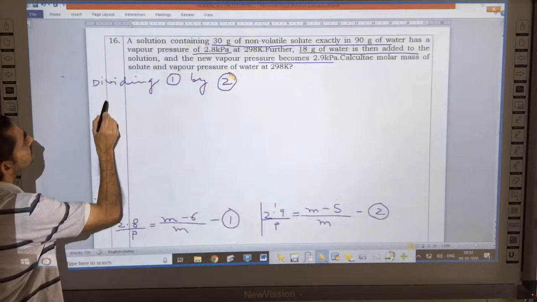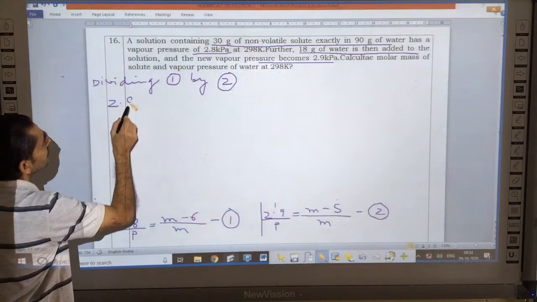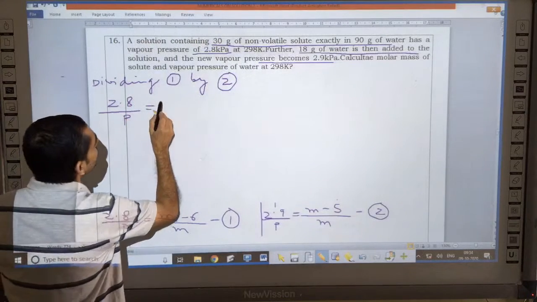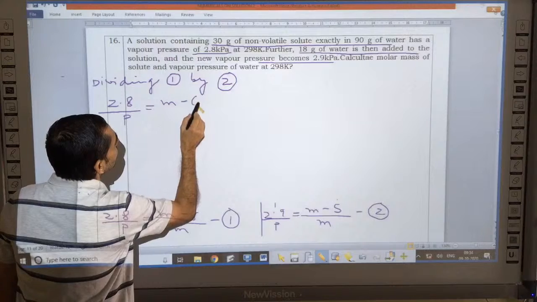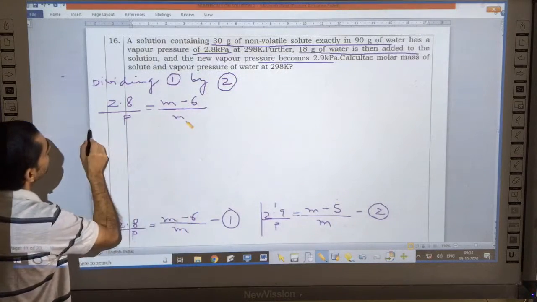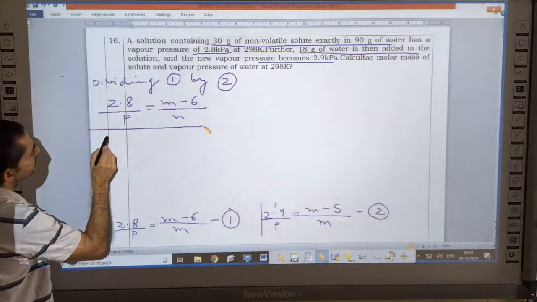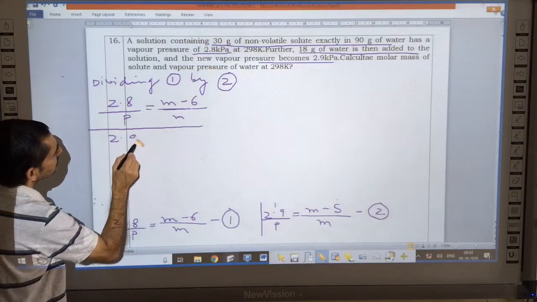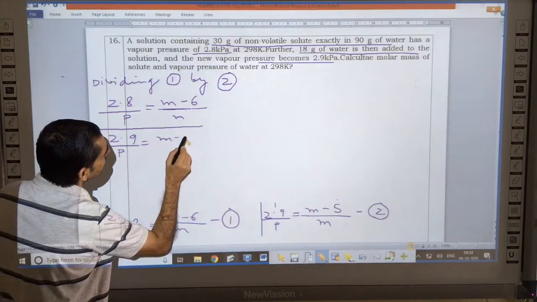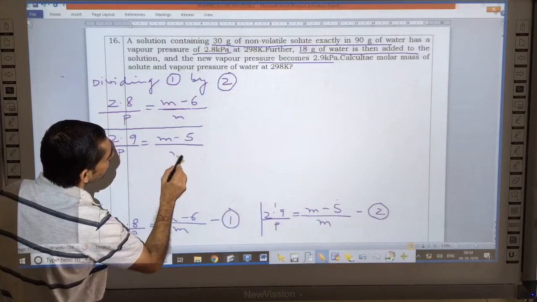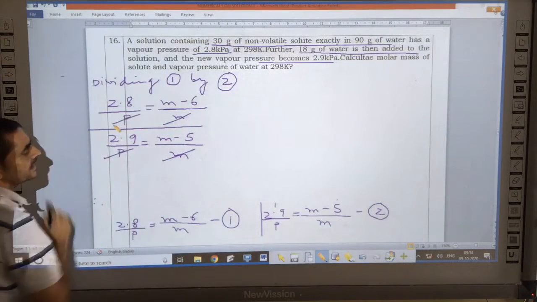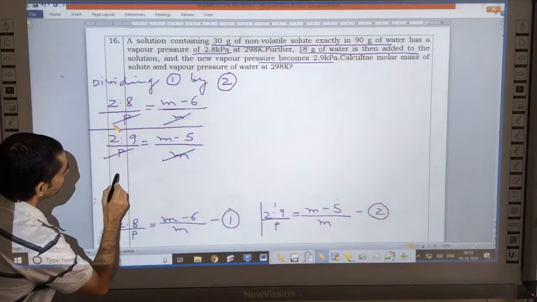Divided, you will get what? 2.8 upon P will be equal to M minus 6 upon M divided by 2.9 upon P is equal to M minus 5 upon M. P cancelled. What is left?